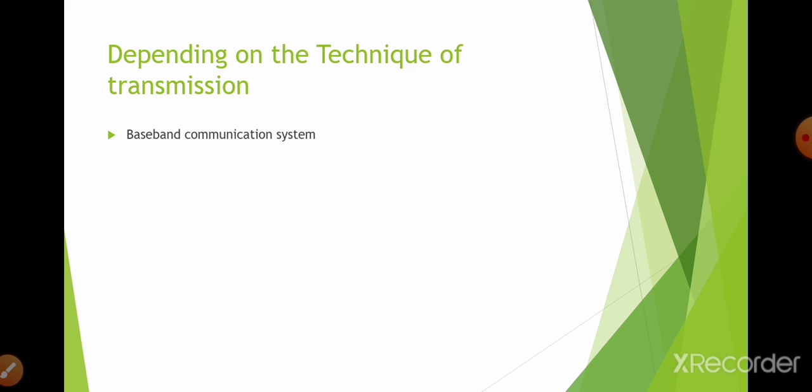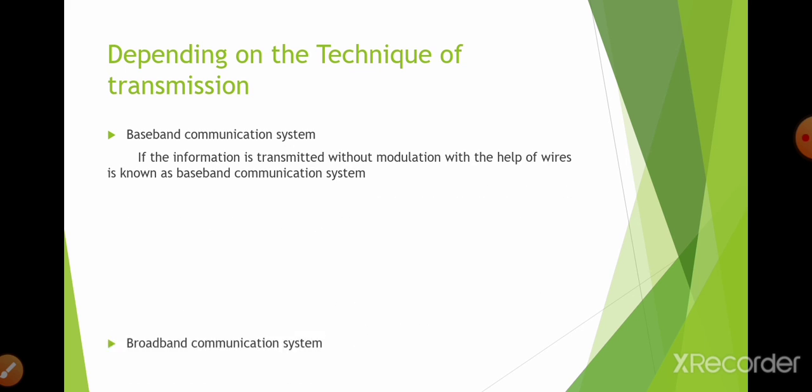So first one is baseband communication system. That means in this communication system, the wire is used for the communication purpose. For example, landline telephones. If the information is transmitted without modulation with the help of wires, it is known as baseband communication system. Second type is broadband communication system.